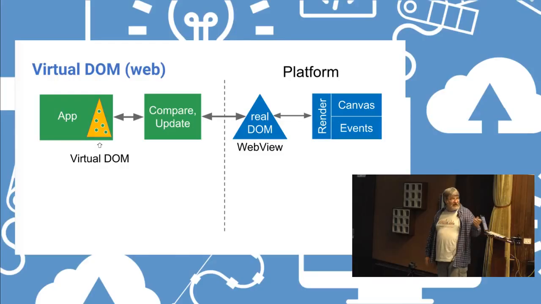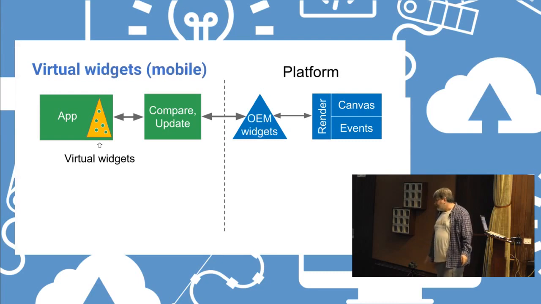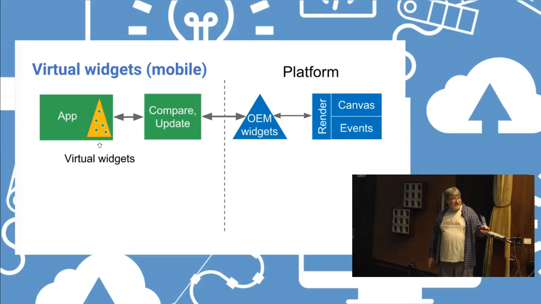And then what React Native did, it applied the same thing to mobile apps, which is really cool, actually, what they did. And so instead of this being virtual DOM, this is now a tree of virtual widgets. And after you build it, you compare it to the platform's idea of what the widgets are. You update only the ones that have changed, and then that gets rendered to a canvas. Okay, so it's very similar to the web technique.